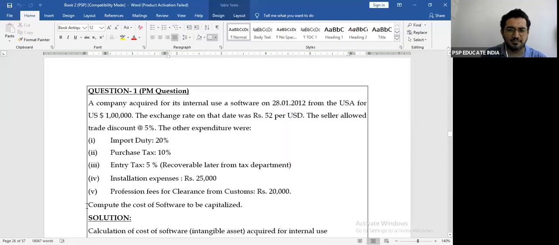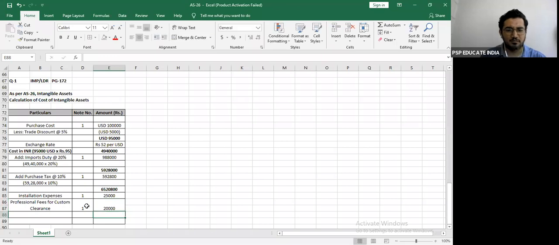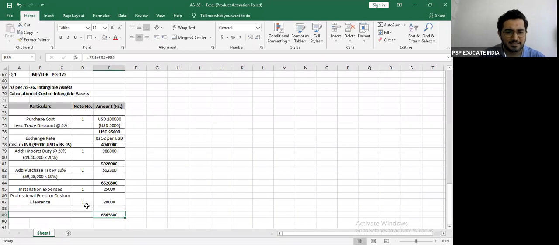Please check how much that is. 20,000. Anything else to be added? That's it. Let's take the total. 65,20,800 plus 25,000 plus 20,000. You get 65,65,800.